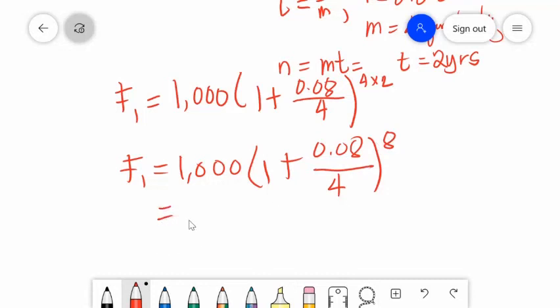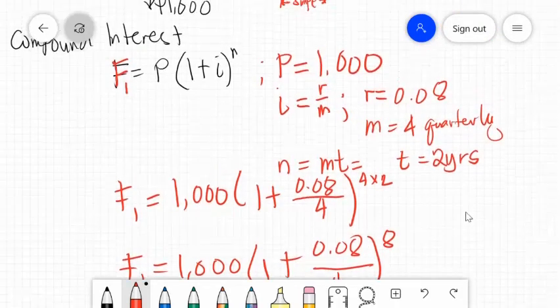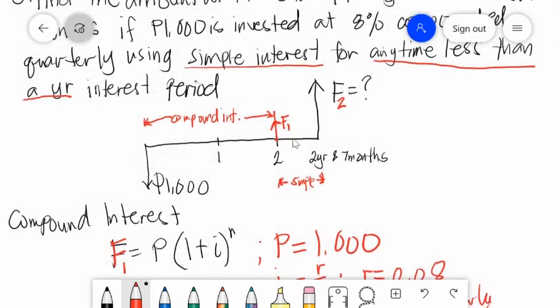So F1 is equal to 1,171.66 pesos. So the value of F1 here is 1,171.66.